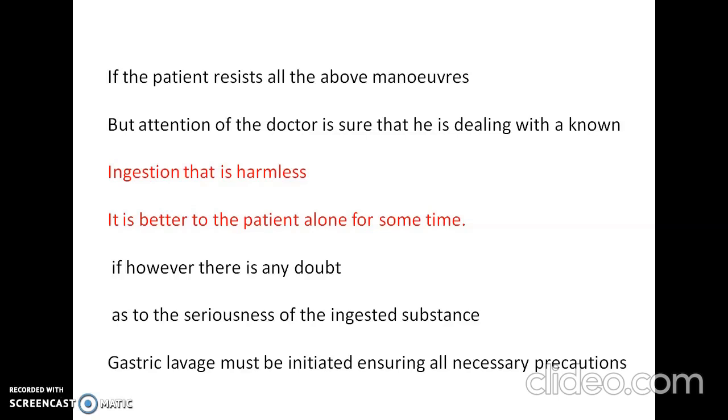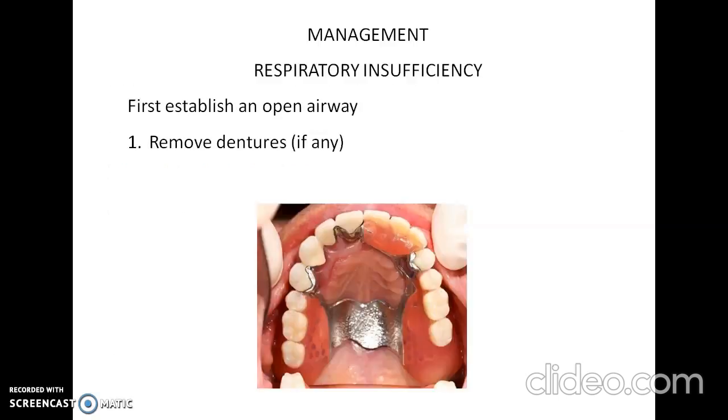Or sometimes it is better to leave the patient alone for some time. However, if you still have doubt in such a condition, we can go with the gastric lavage technique, so that anything ingested, if unobserved, is removed, and we can also prevent further absorption.